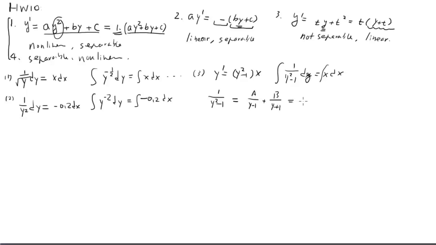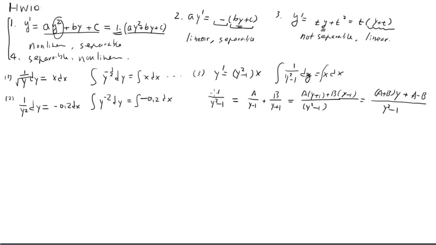And you can see this is going to be equal to 1 over y squared minus 1, and then you have a(y plus 1) plus b(y minus 1). We compare both numerators and denominators. Denominators are common, so we rewrite this one in the following way. This is (a plus b)y, collecting these terms, and then constant term, we have a minus b.